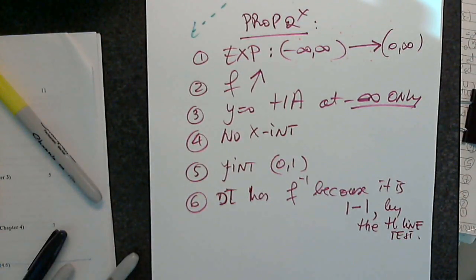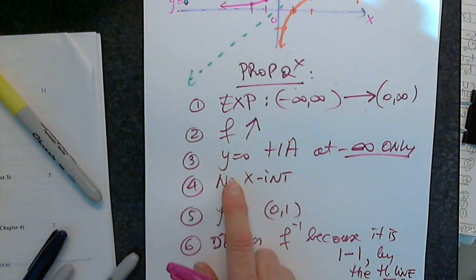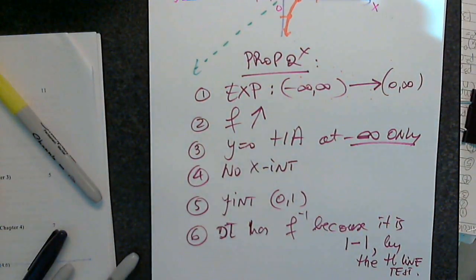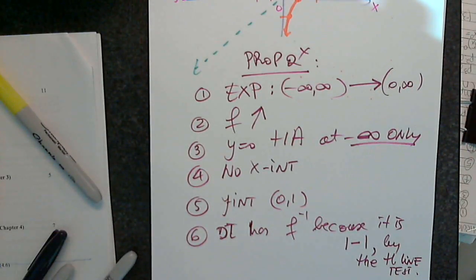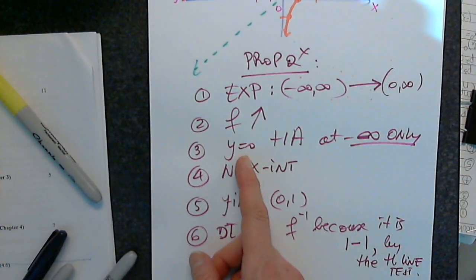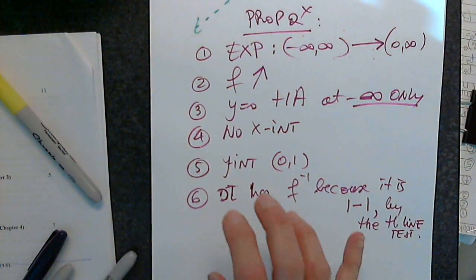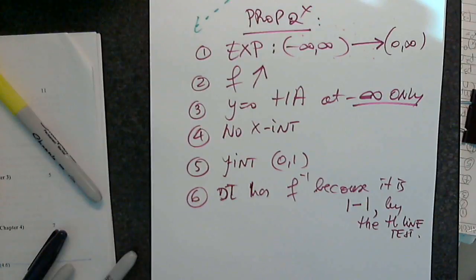Yes? Okay, let's do number 2. F is increasing. F is always increasing on all its domain. Horizontal asymptote is y equals 0 at negative infinity only. No x-intercept, y-intercept is 0, 1, and it has F inverse because it is 1-to-1 by the horizontal line test.